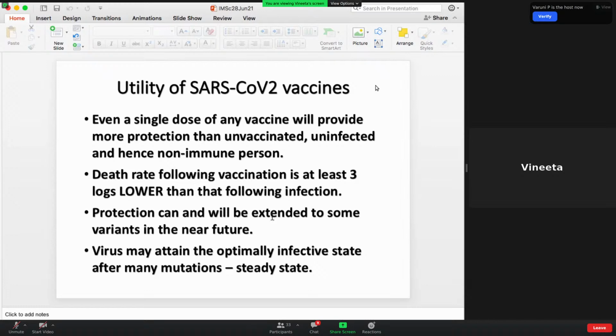And this protection that is generated after the vaccination can and will be extended to some variants in the near future, based on the logic that I said, that all the different neutralizing antibodies generated will not become defunct with 1 mutation or 2 mutations.